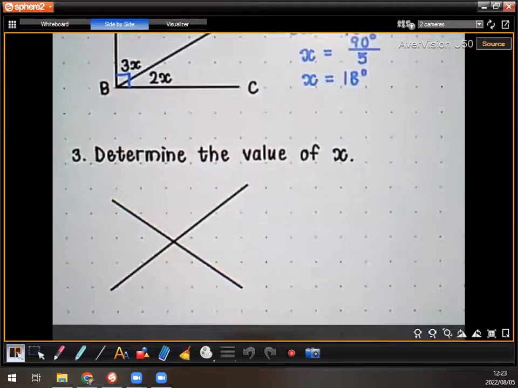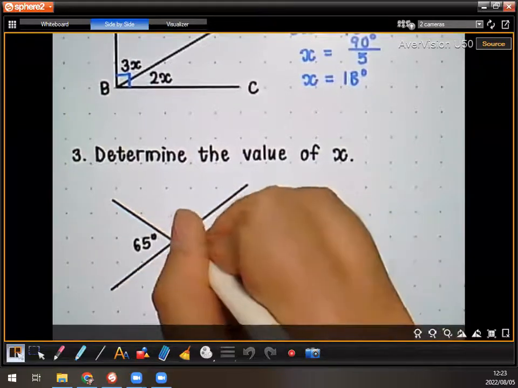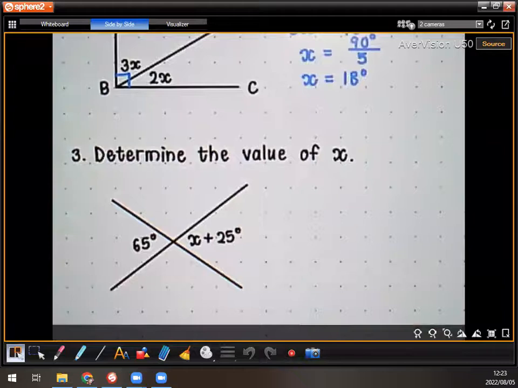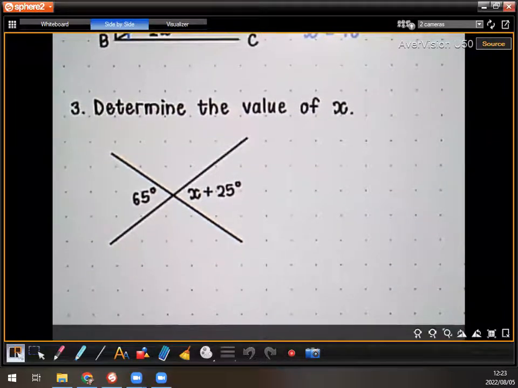Okay, we have that. We have 65 degrees here. We have x plus 25 there. And we must find the value of x.